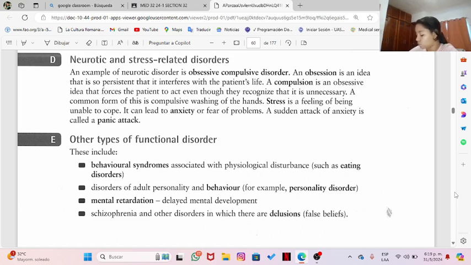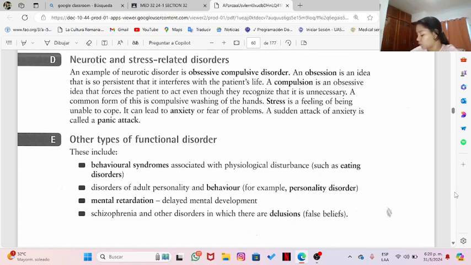A compulsion is an obsessive idea that forces the patient to act even though they recognize that it is unnecessary. A common form of this is compulsive washing of the hands.